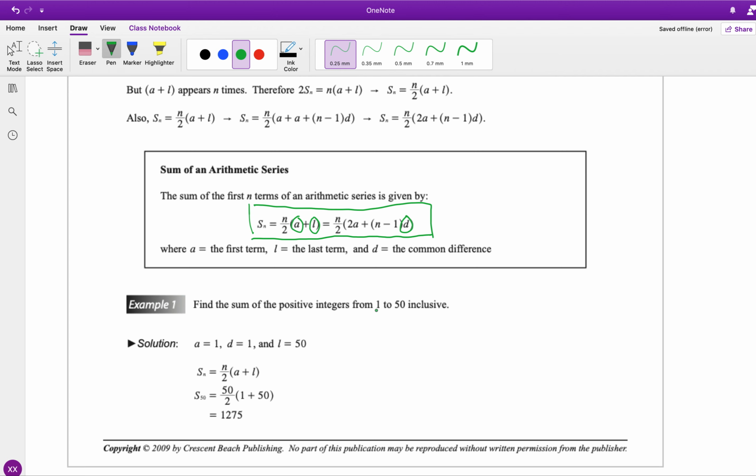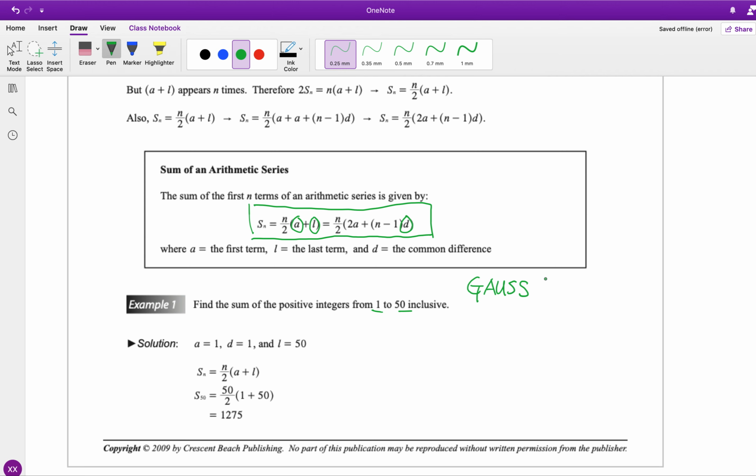It says from 1 to 50. So positive integers, also called consecutive natural numbers from 1 to 50. Now, there's a story I often tell every single student I encounter. This story is about Gauss. You must have already heard the name Gauss, one of the most famous mathematicians in history.